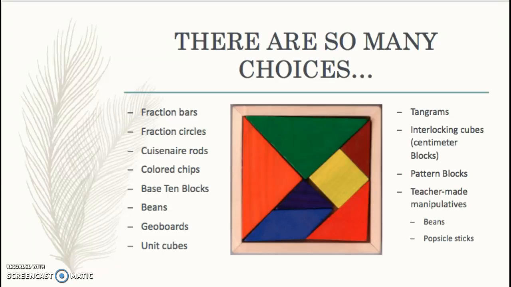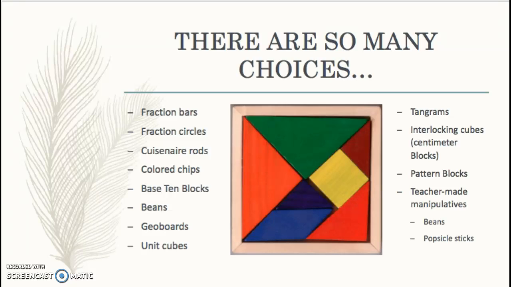So there are so many choices of manipulatives. For example, some are fraction bars, Cuisenaire rods, which I just learned about this semester and which are amazing, colored chips, base 10 blocks, which are the go-to types of manipulatives, geo boards, and tangrams. The picture that you see there is of tangrams. There are also interlocking cubes, which are unit cubes or centimeter blocks.